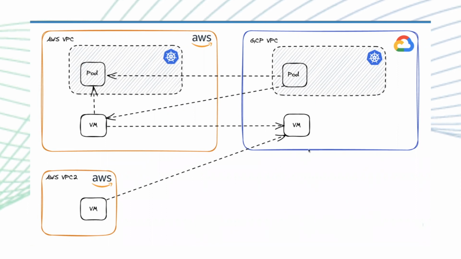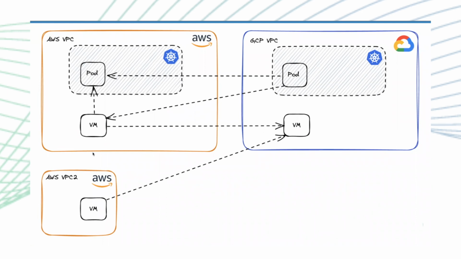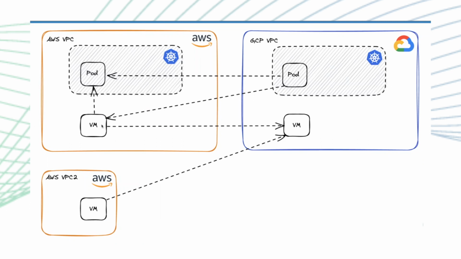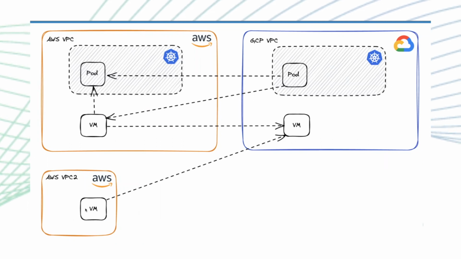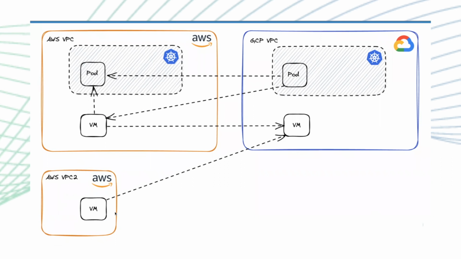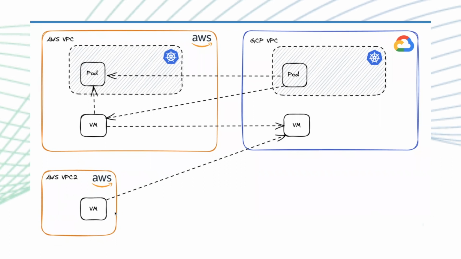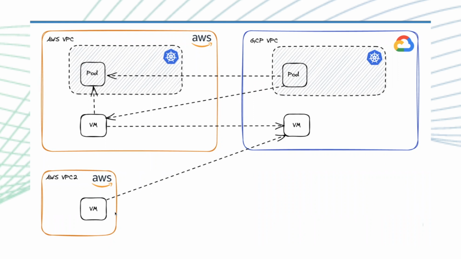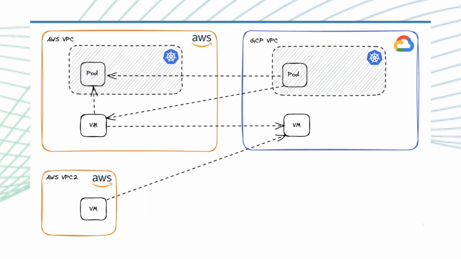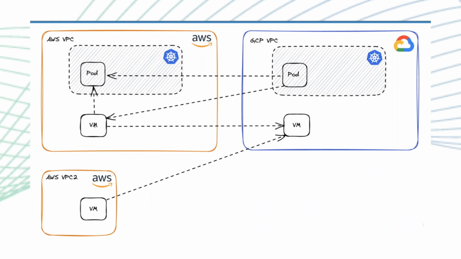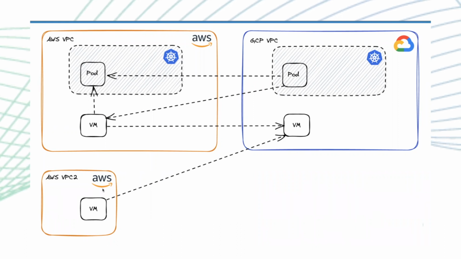Also, in each VPC on the same private network, I have a VM running, one in AWS EC2 and one in Google Compute Engine. Then down here, I have another VM running in a separate VPC. For the purposes of this demo, this VPC has been connected through peering to this AWS VPC, but it's meant to demonstrate more of an on-prem environment because there's nothing else running here.